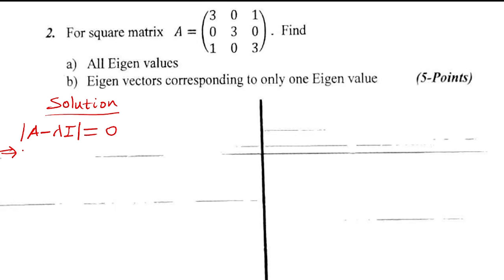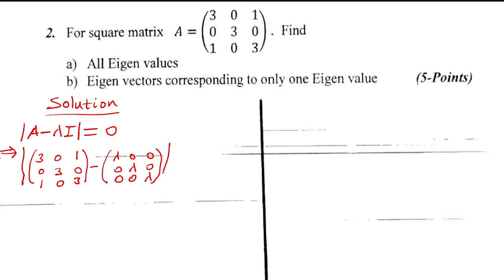This implies the determinant of matrix A, 3, 0, 1, 0, 3, 0, 1, 0, 3, minus lambda I, lambda 0 0, 0 lambda 0, 0 0 lambda, is equal to 0.